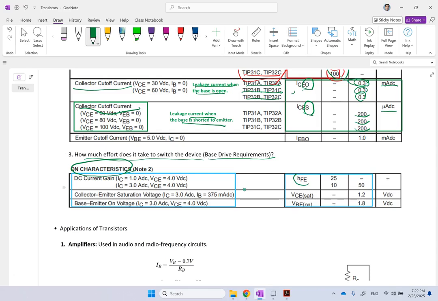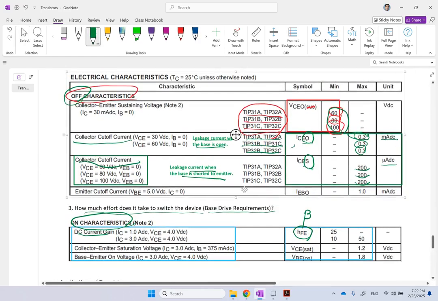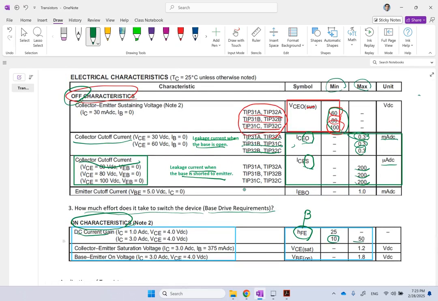If you look here, there are some parameters that can help you. One of them is HFE. Remember, that's the same as beta. You can see that beta, the DC current gain, has a min and a max in these columns. So your limits are between 10 to 50 for the scenario where the voltage that you're holding back is 4 volts and the current in the collector is 3 amps.